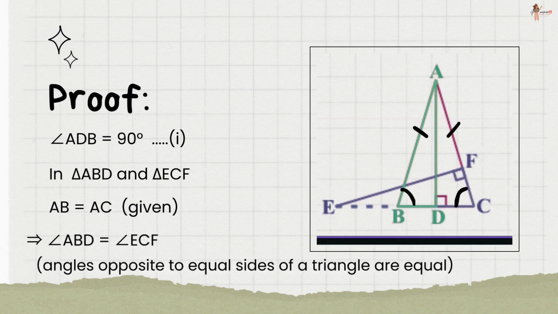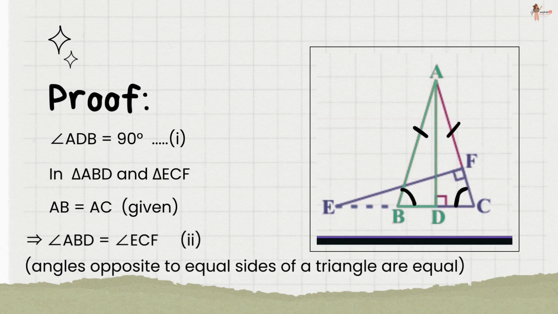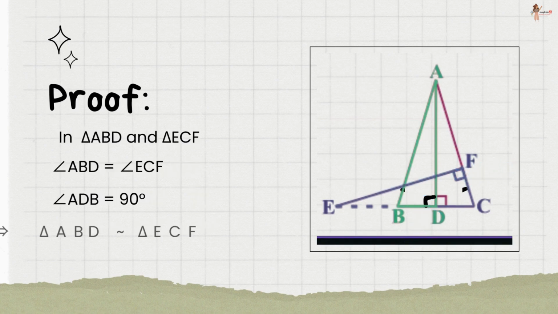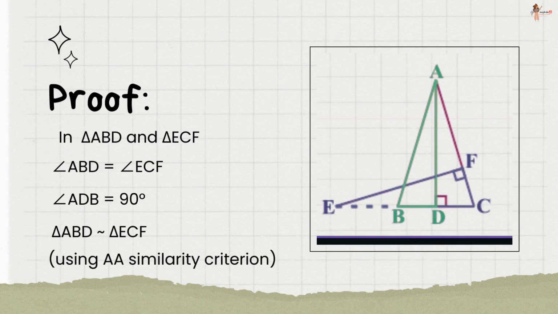Therefore, angle ABD is equal to angle ECF. Now angle ADB is equal to angle EFC, each equal to 90 degrees. Therefore, triangle ABD is similar to triangle ECF using the AA similarity criteria.